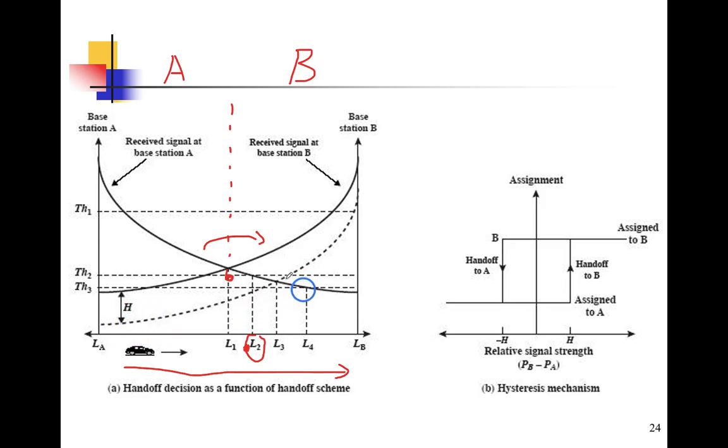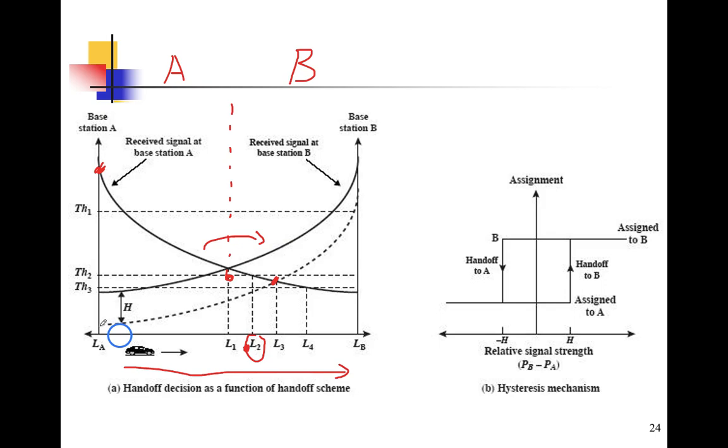We look at this one. If it is relative signal with hysteresis, they will monitor this one. This is the original signal. As long as the original signal is okay and can handle the connectivity, then no handoff.